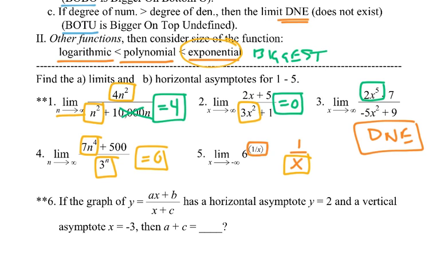And so as we go to negative infinity or positive infinity, 1 over x is going to be approaching 0. But that is just the exponent. So essentially, we have 6 to the power of 0, because that rational function is approaching 0, and 6 to the power of 0 is 1. So this is a little trickier. The limit here is 1.